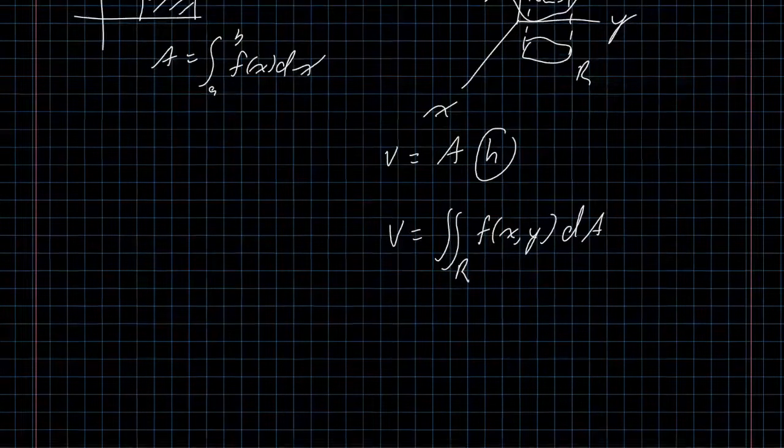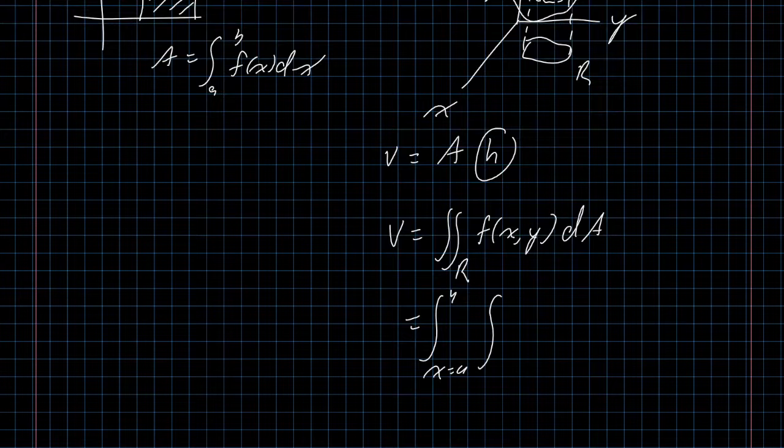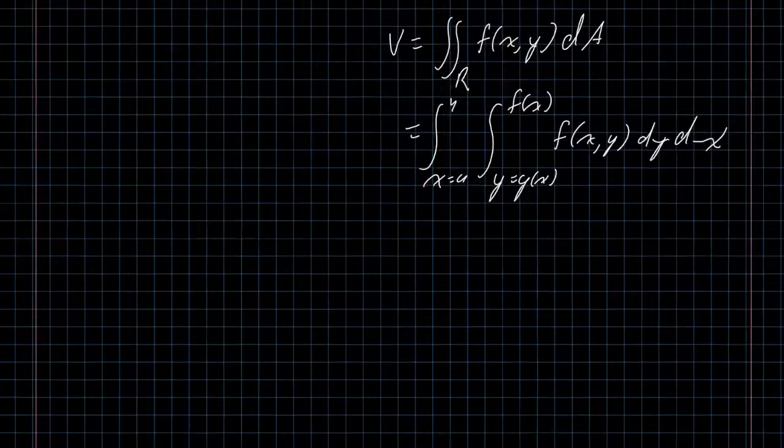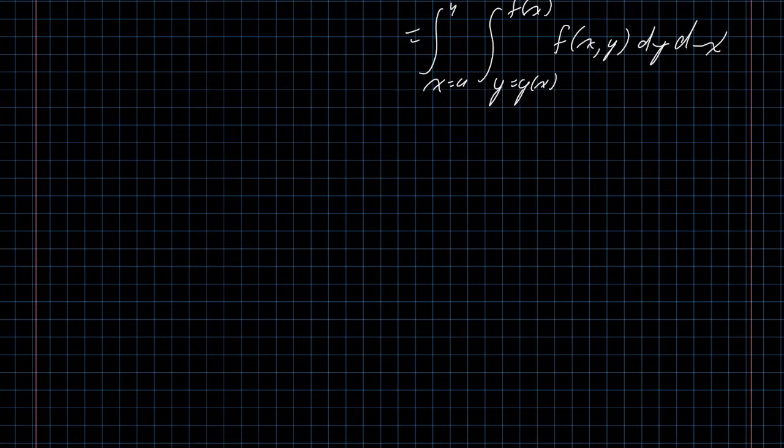And then we can use Fubini's theorem to rewrite this as an iterated integral. We'll start off with a couple of very simple regions of integration.